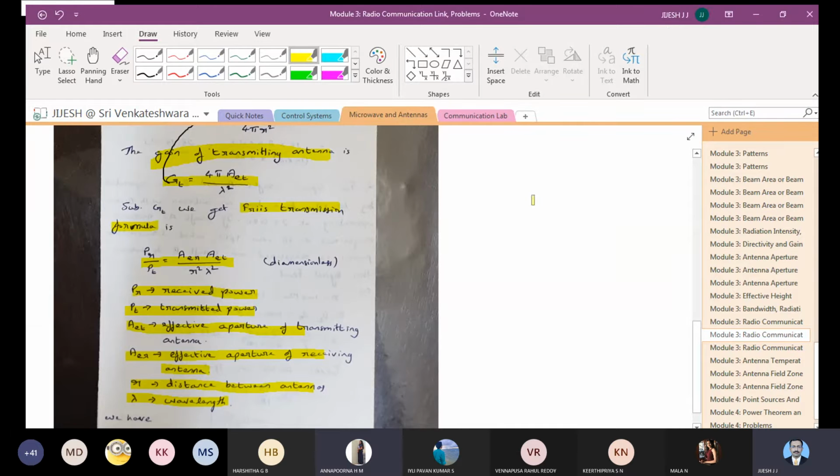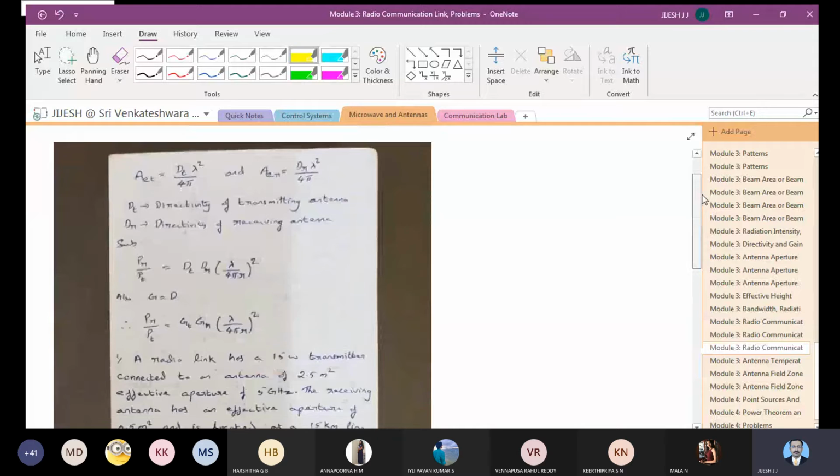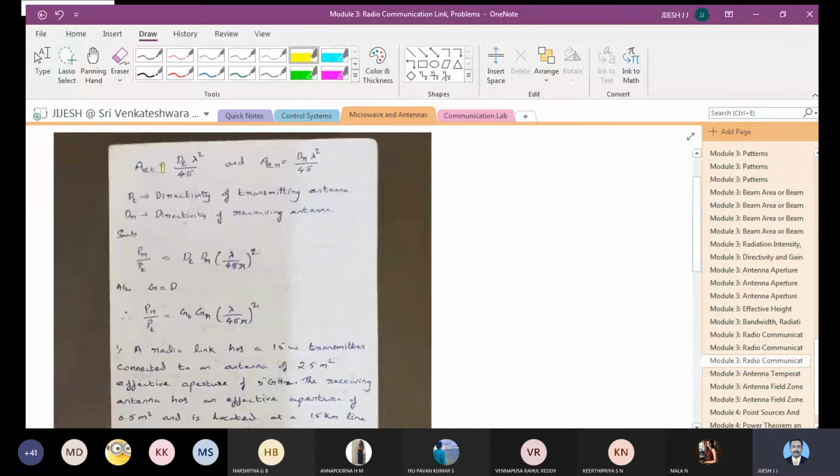Yes, sir. Okay. So we have equations for directivity in terms of effective aperture. We can write AET is equal to DT lambda square by 4 pi and AER is equal to DR lambda square by 4 pi. DT means directivity of the transmitting antenna and DR indicates directivity of the receiving antenna.